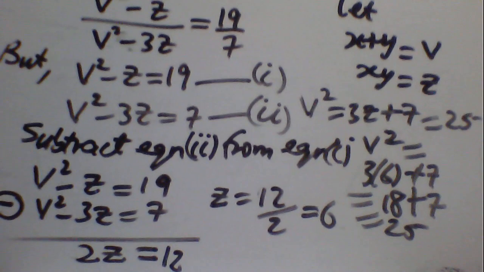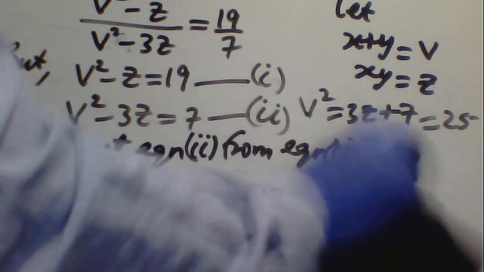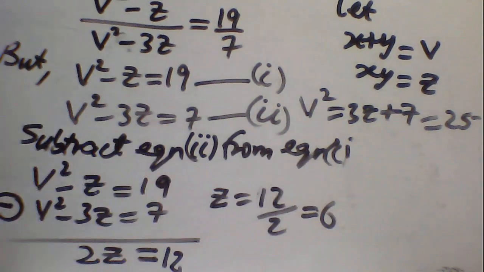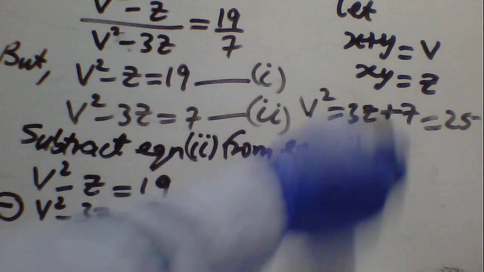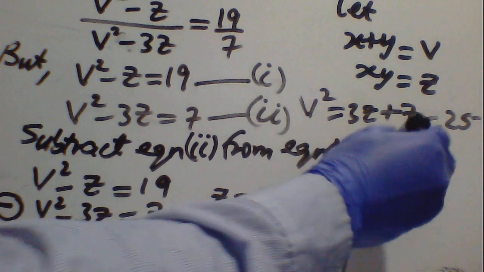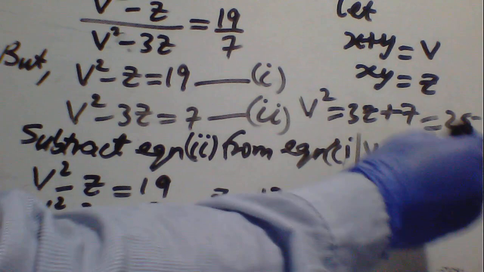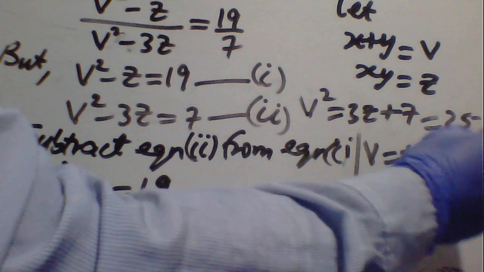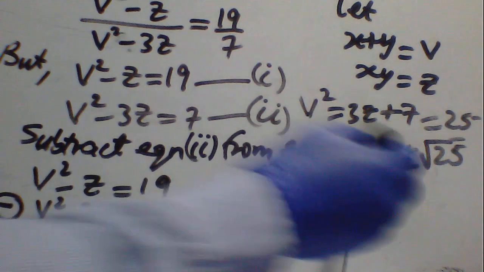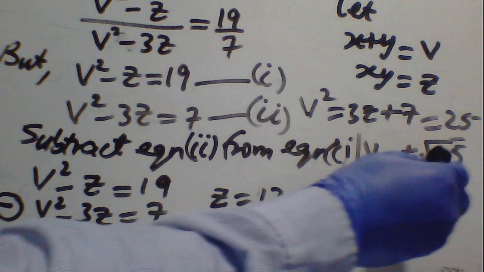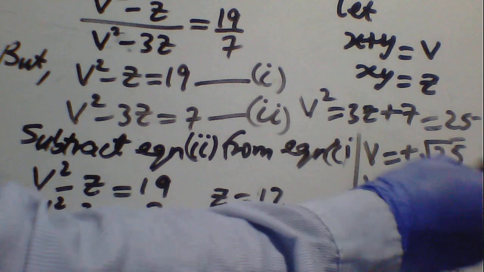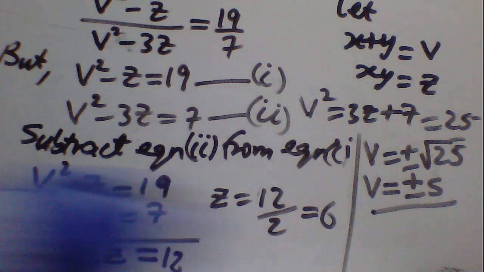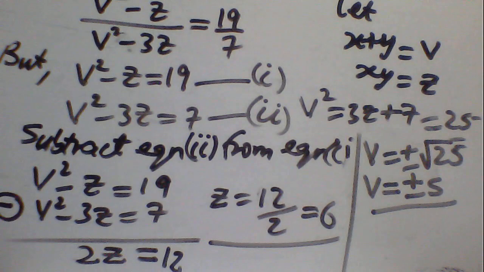So once you have gotten v squared to be equals to 25, you can now find the value of v. Find the square root of both sides. If you find the square root of both sides, you have that v is equals to plus or minus the square root of 25. So that v is equals to plus or minus 5 when z is equals to 6.